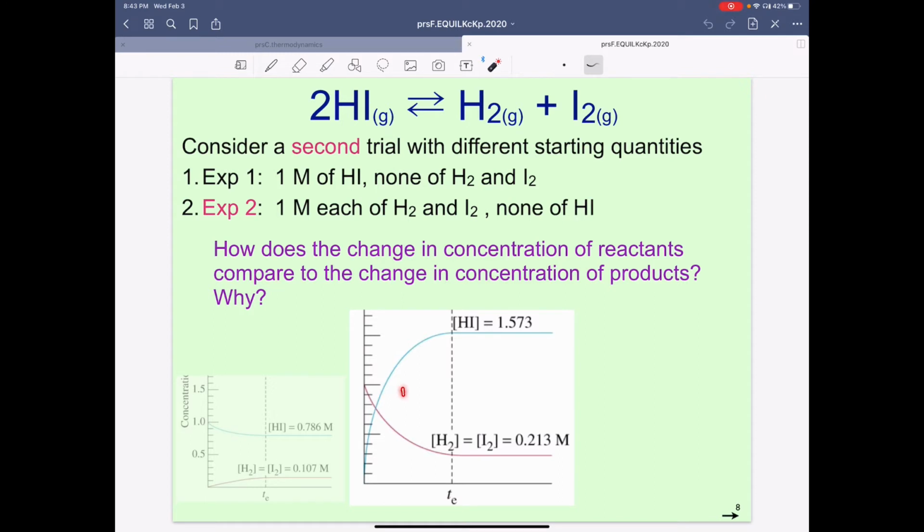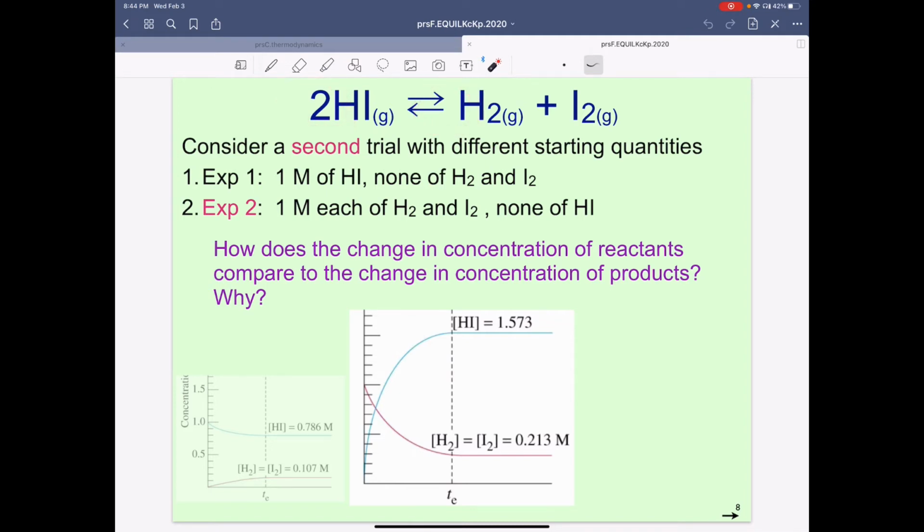Well, if the H2 and I2 are going down by about 0.8-ish, you notice that the HI has increased by approximately 1.6-ish.